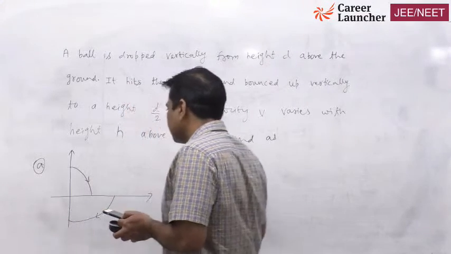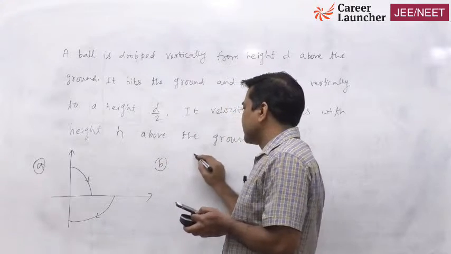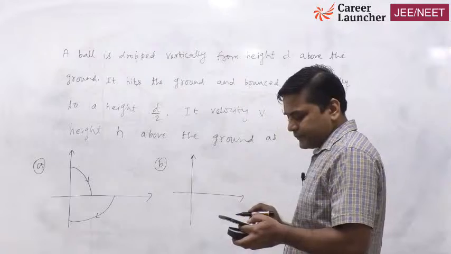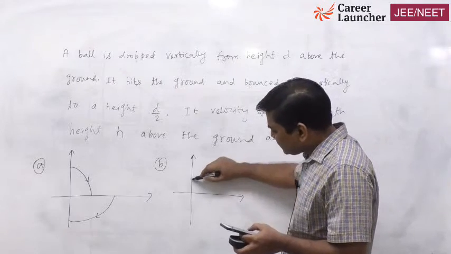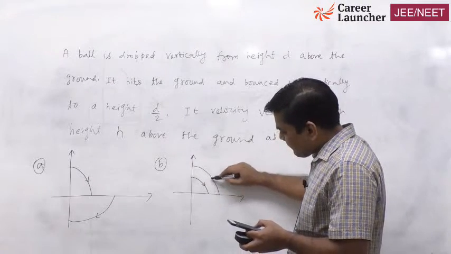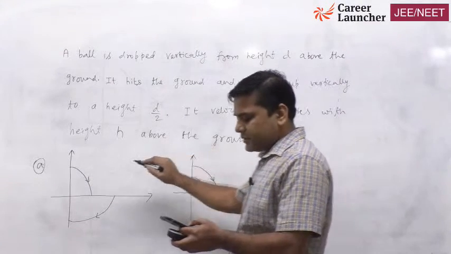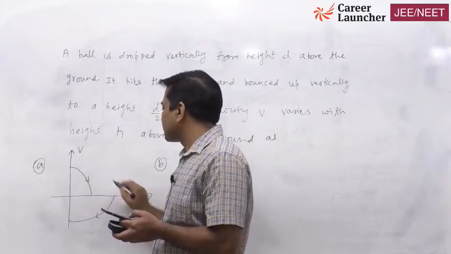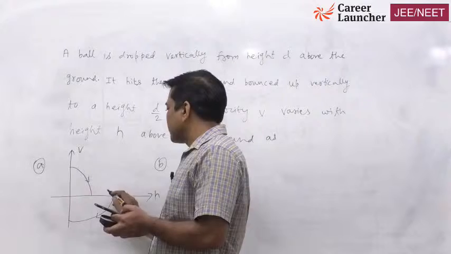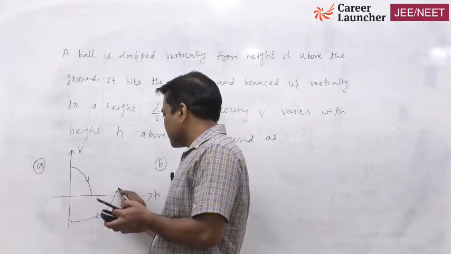so I don't remember which year this came, but I feel it's a good question, that's why I'm taking it. B, and here it's mentioned V versus H, and this is d and this is d by 2.